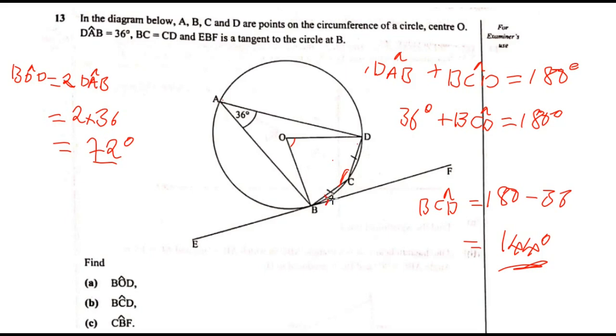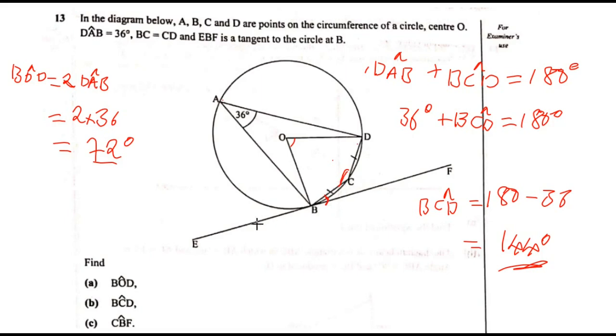So we can use the theory that the angle made by the tangent and the chord is equal to the angle subtended by the same chord in the alternate or opposite segment.